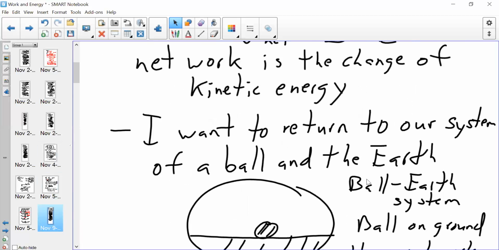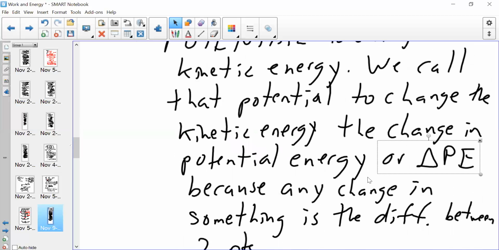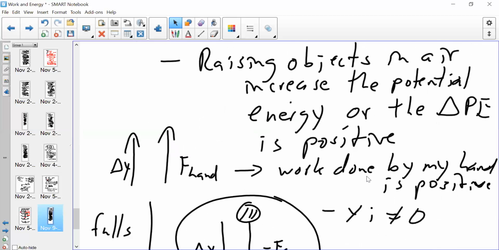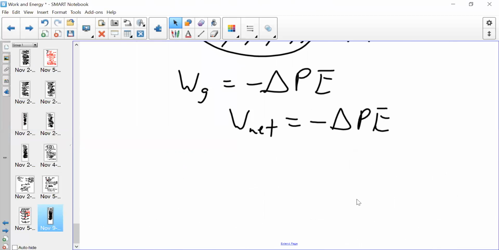So we have another principle in terms of the y-axis, where the net work is equal to a negative change in potential energy. When we put these two together, net work is equal to negative change in potential energy, which is equal to delta KE.